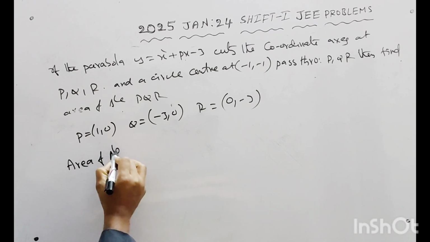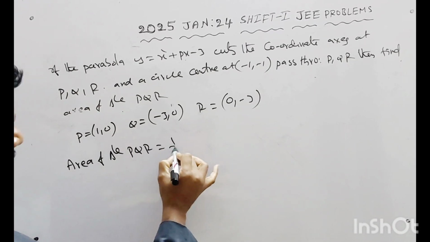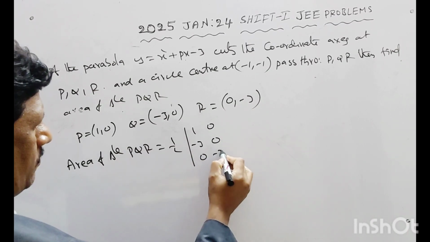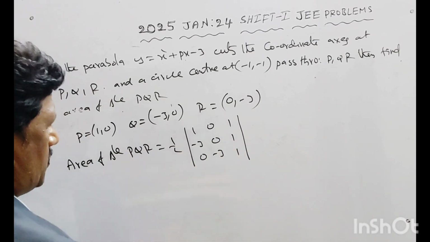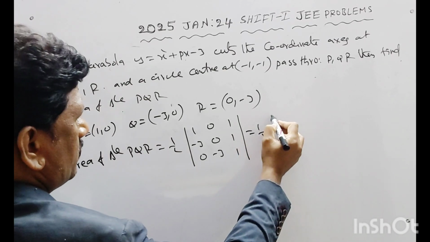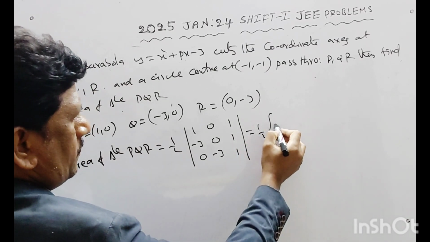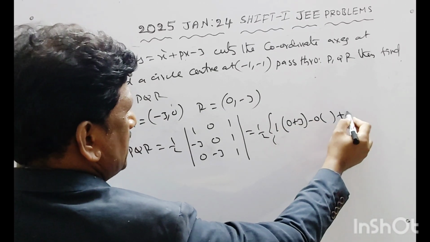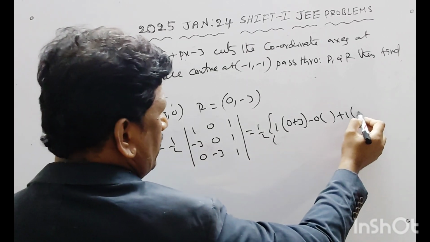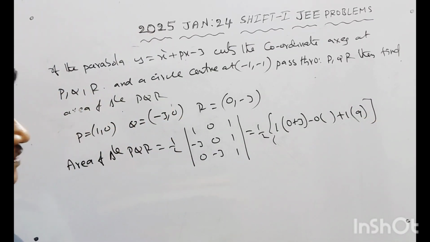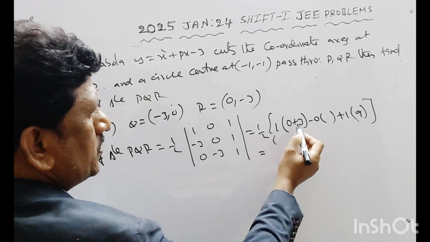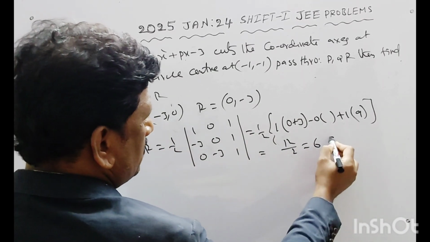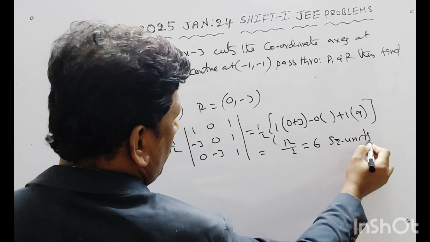Area of triangle PQR is half mod of the determinant with rows 1 0 1, minus 3 0 1, and 0 minus 3 1. That gives half into 3 plus 9, which is 12 by 2, so 6 square units. This is the problem.